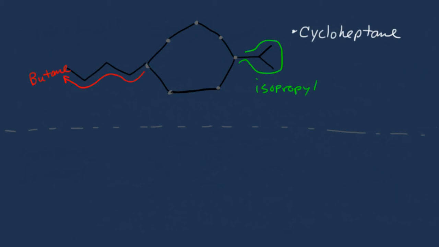Great, so let's number it. Whichever way we go, we're going to want to go either that way or that way. We do not want to go up at all.